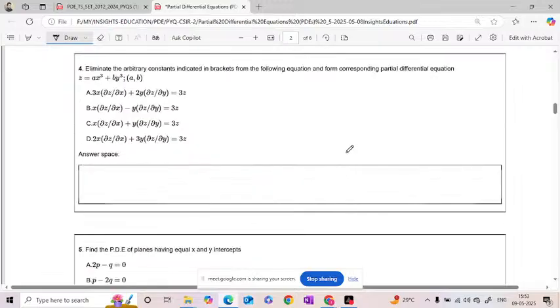Next one. Now eliminate the arbitrary constants indicated in the brackets following the equation and form the corresponding partial differential equation. I think this is very simple.